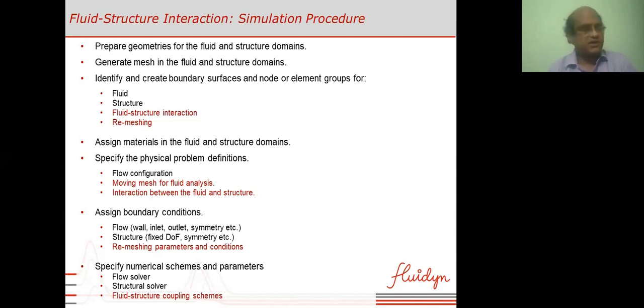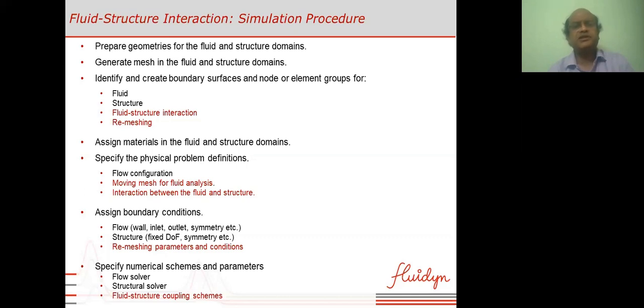Why it is given as an option is that in many cases, even though there is a structural deformation, those structural deformations may be very small and it may not have any significant effect on the flow field. In that case, the problem can be solved by suppressing the remeshing. Still, we may get a good result. So there is an option to suppress or activate. So you may find these two additional things while applying the boundary conditions.